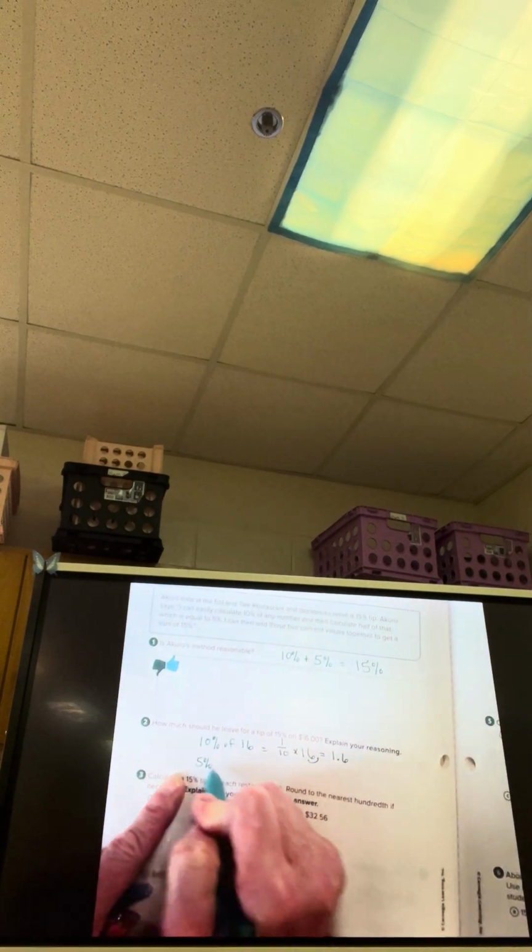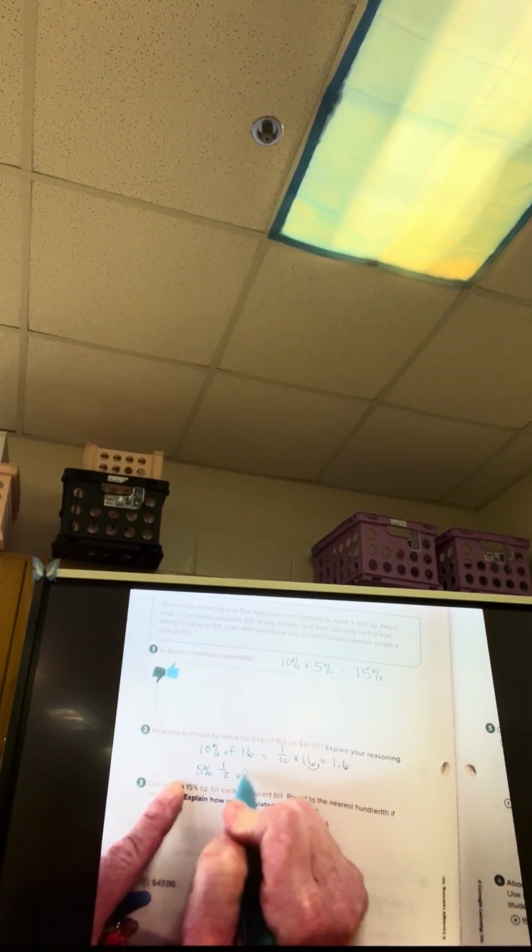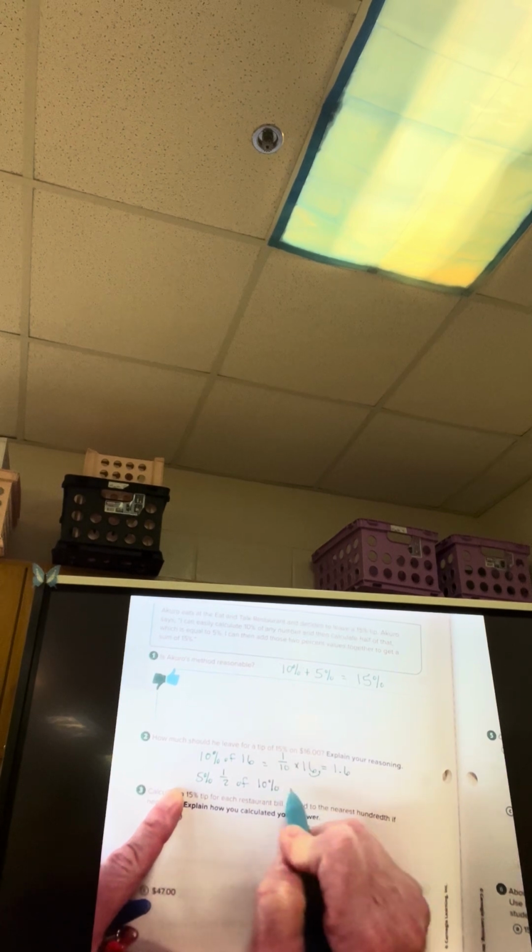You're like, well, 5% is half of this. Well, half of 16 is 8. So half of 1.6 would be 0.8. So if 5% is half of 10%, then what is half of 1.6?